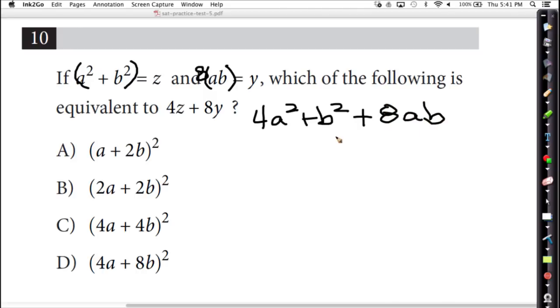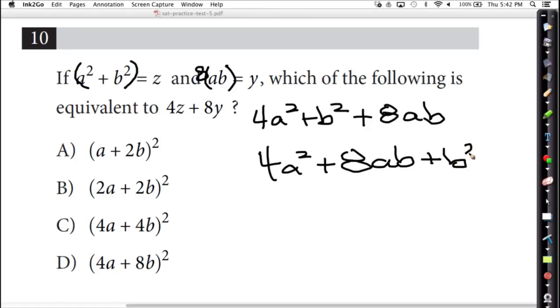Now, in this format, this doesn't look quite the way we want it to look. So I could just rearrange it, and let's stick the ab in the middle. So that's 4a squared plus 8ab plus b squared.